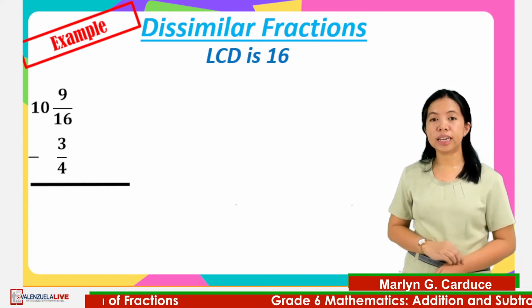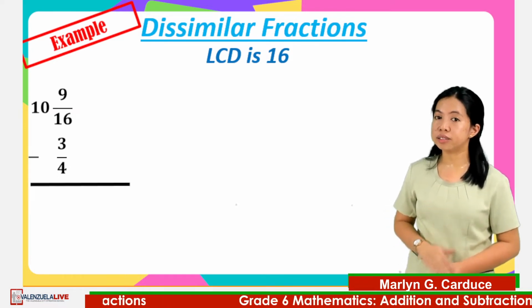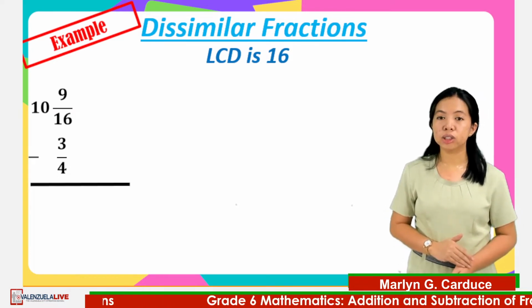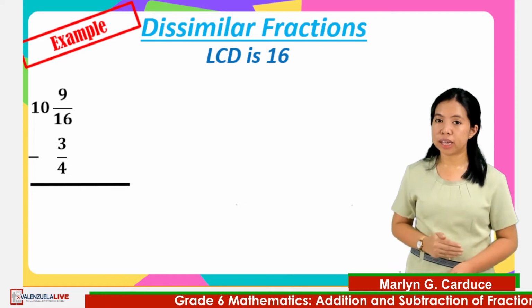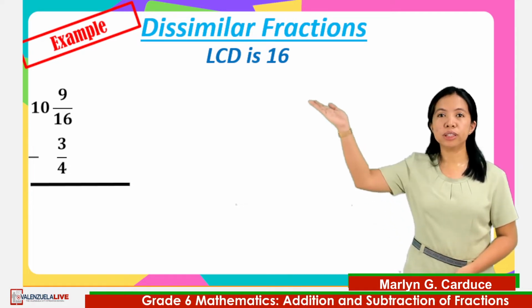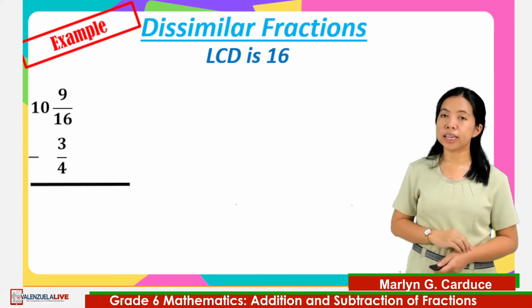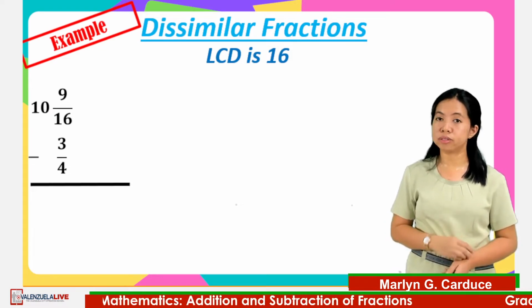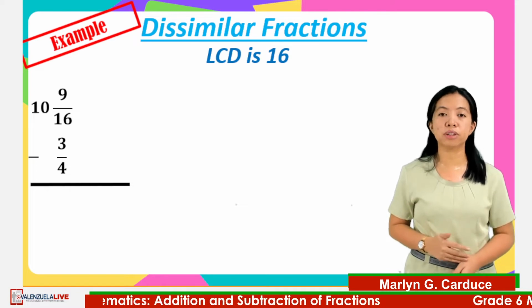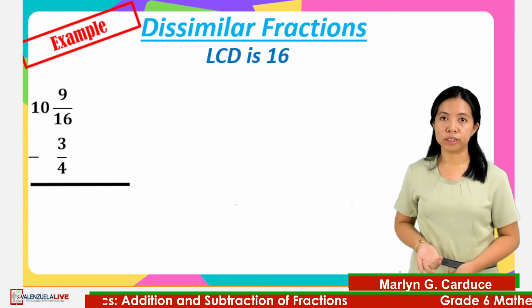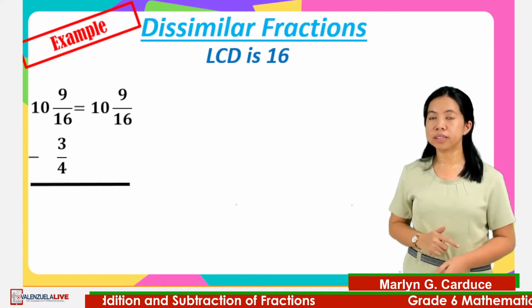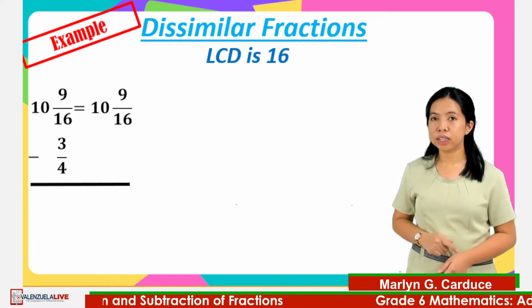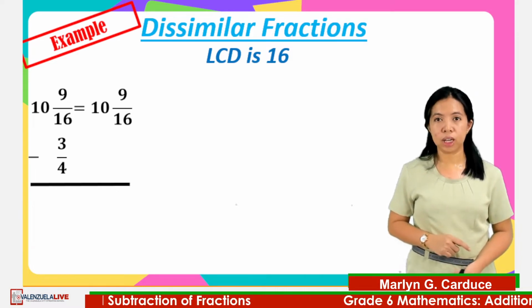So using again the LCD 16, let's rename the fraction to get its equivalent fraction. For the first given fraction, which is 10 and 9 over 16, since its denominator is already 16, there's no need for us to rename the fraction. So we will just write it as 10 and 9 over 16.